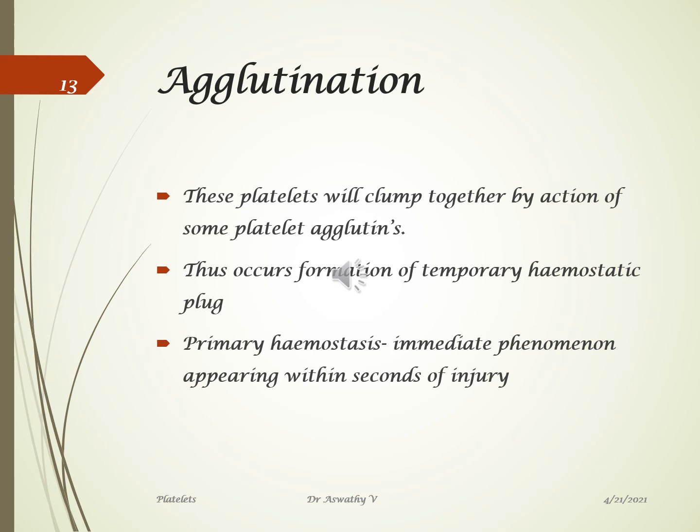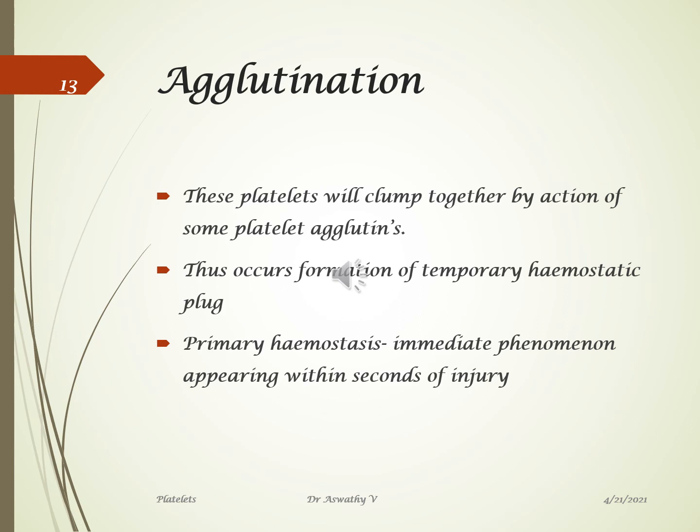So immediately after an injury, the platelets get activated. The platelets will seal the injury by forming an adhesion between the subendothelium and the platelets. Then the platelets will aggregate together. They will agglutinate together, forming a temporary hemostatic plug.